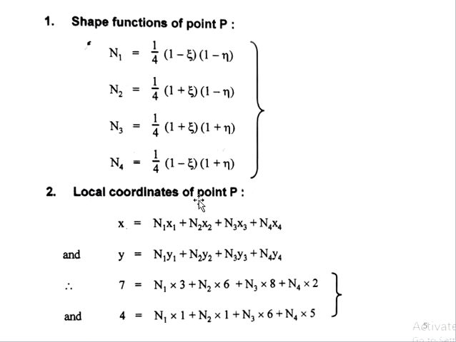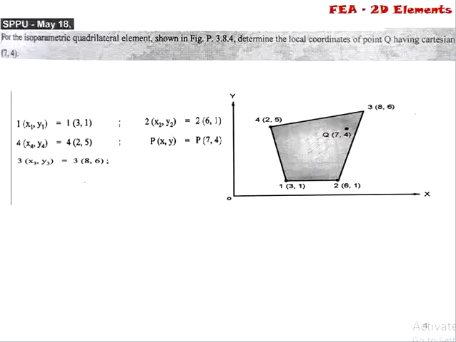Then the local coordinate of point P. You just reshuffle this point Q according to the problem, Q, and in the answer write P. So one and the same.